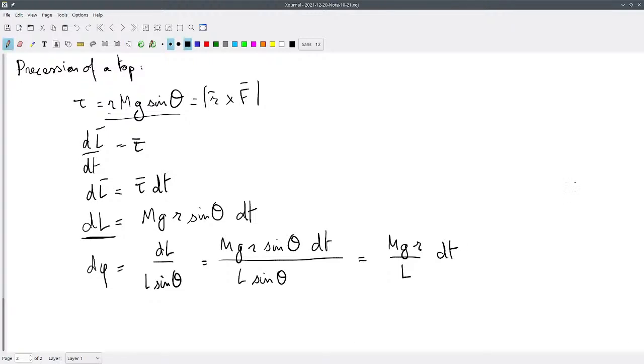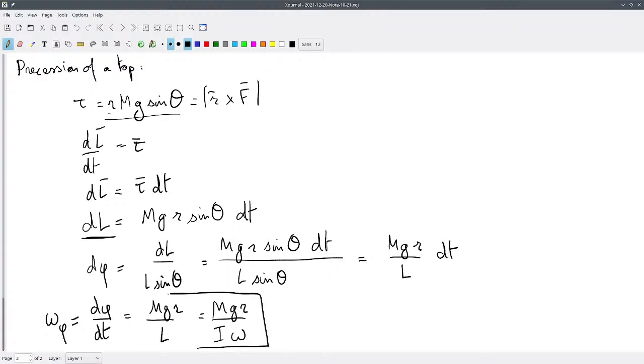Okay. So now that we have that, we can calculate d phi dt, and we'll call this omega p, and that is just m g r over L. If I wanted to express this in terms of what L actually is, that's m g r over I of the top times omega. And so this is our expression for the precession angular velocity.